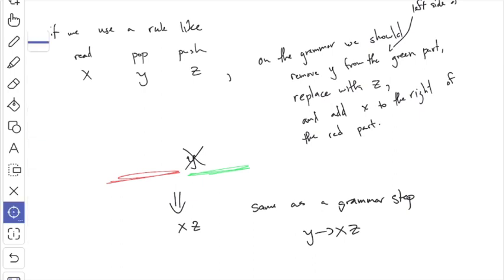So, in conclusion, a stack rule like this translates into a grammar rule like this. All right? I would say just memorize that. And if you ever find yourself wondering why that works, it's because of all this that I just said, although it may not be worth trying to think it through every time. I don't really try and think it through every time. I just remember Y goes to XZ.